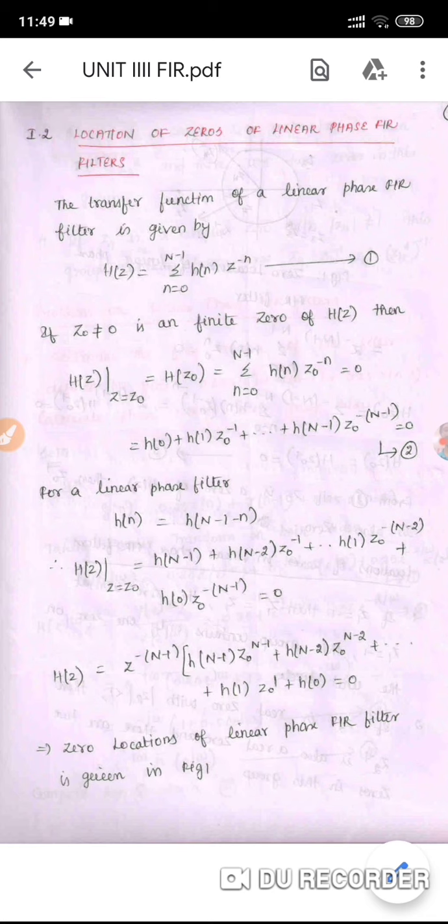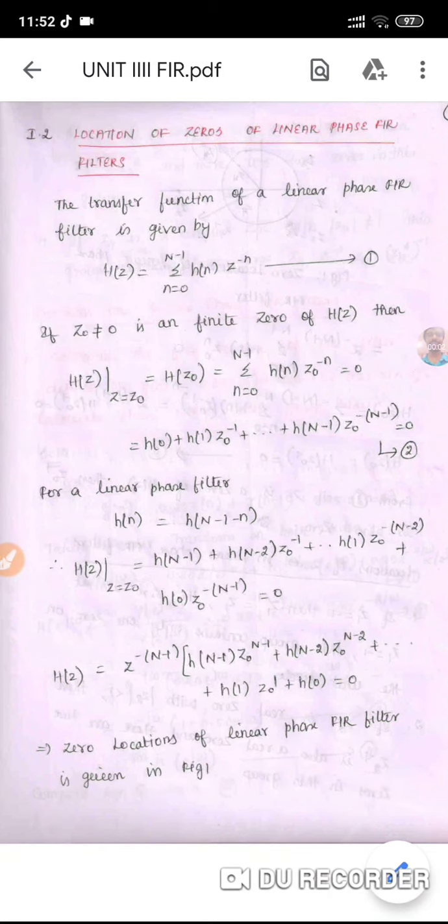In the same manner, we found the impulse response for the case where phase delay is not constant and group delay is constant. In that case, the impulse response is antisymmetrical about alpha equal to n minus 1 by 2 for odd and even.